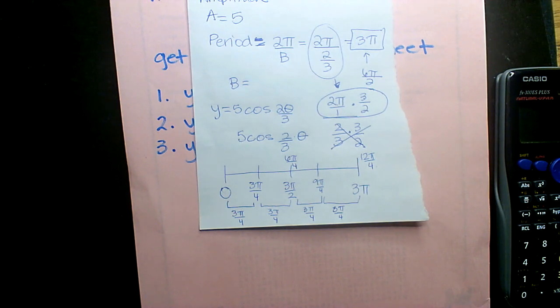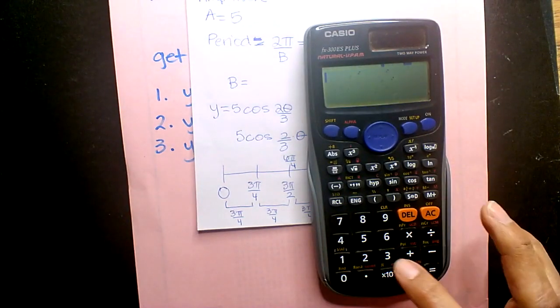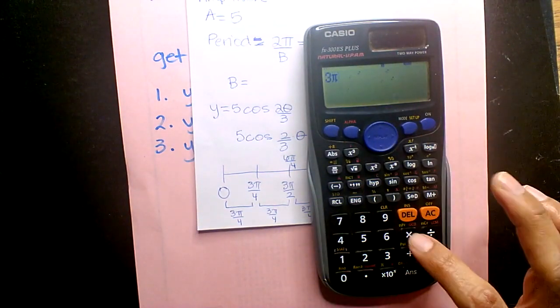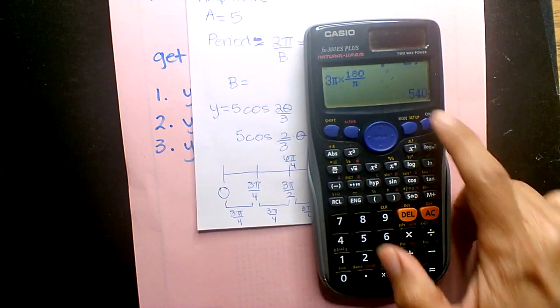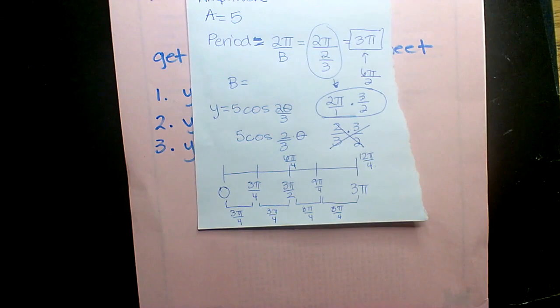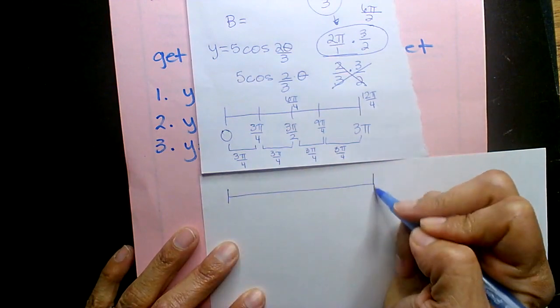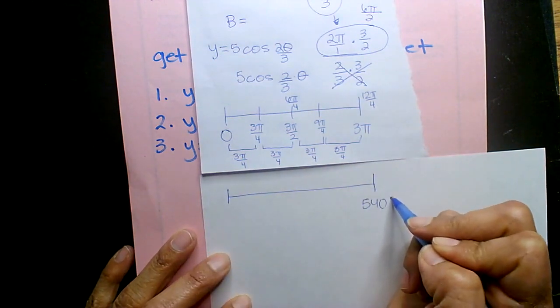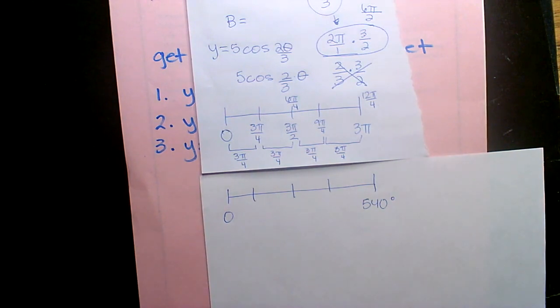Okay. Although, if you want to convert to degrees, so we went radians here, 3 pi times 180 over pi gives me 540. So if you're at 0 to 540 degrees, what's half of 540? 270.